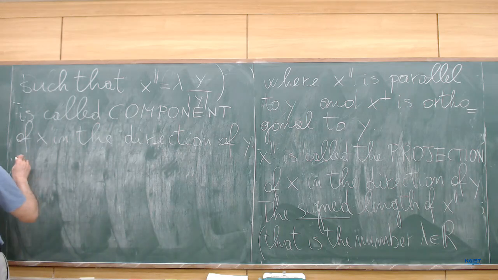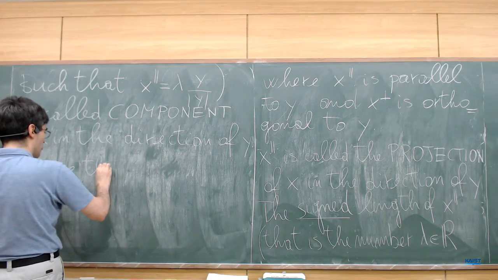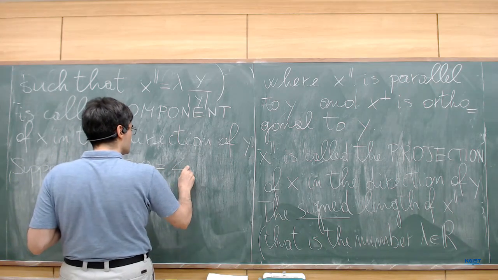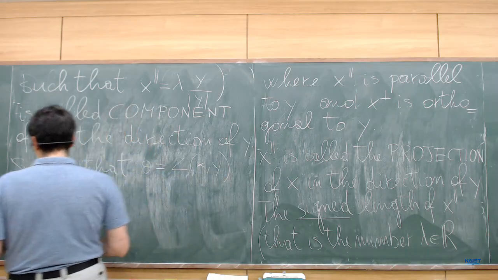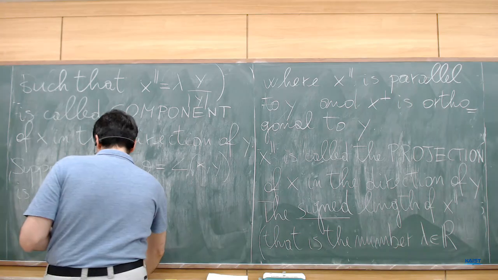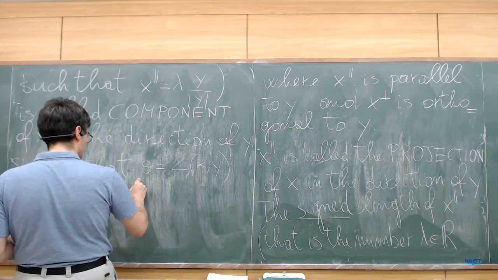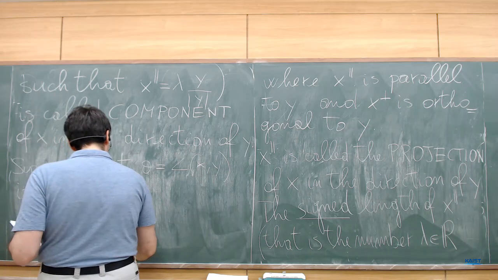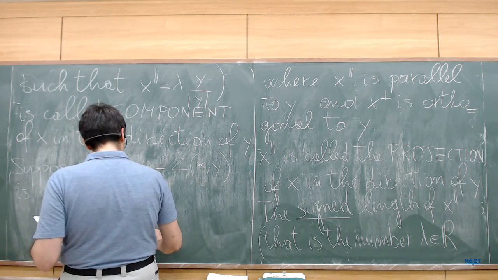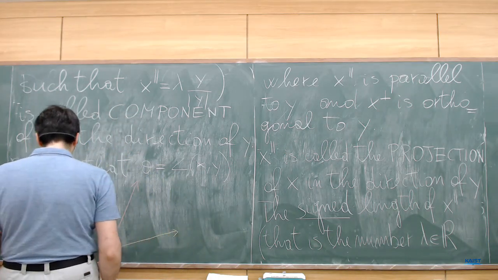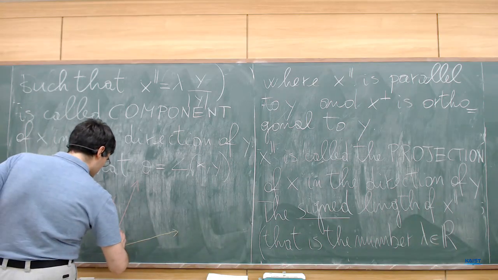So suppose that theta, the angle between x and y, is acute, then suppose that this is x, suppose that this is y, and this is theta.